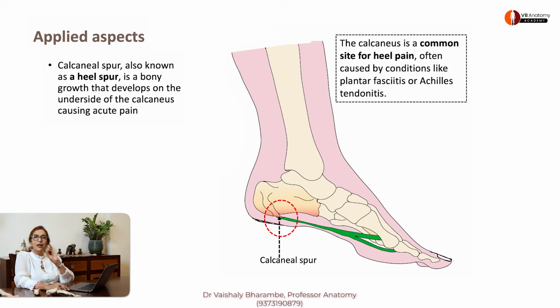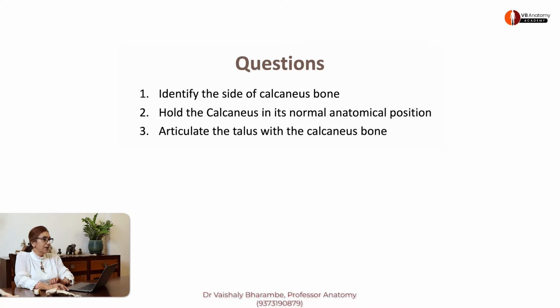And this is a site for severe pain for patients as they grow older, resulting in plantar fasciitis, sometimes even Achilles tendinitis. There are some people who also have a bony spicule growing upwards here, which results in Achilles tendinitis. So heel spurs are very commonly associated with the calcaneus bone.